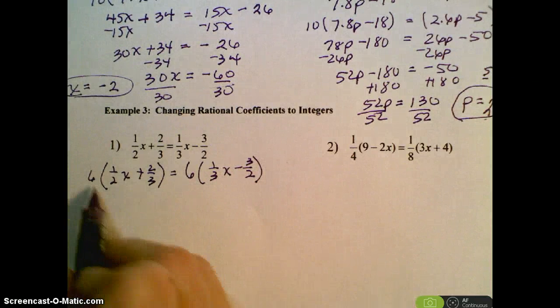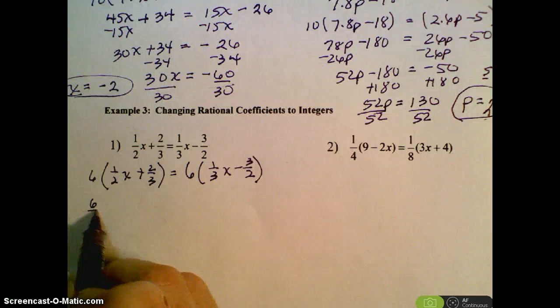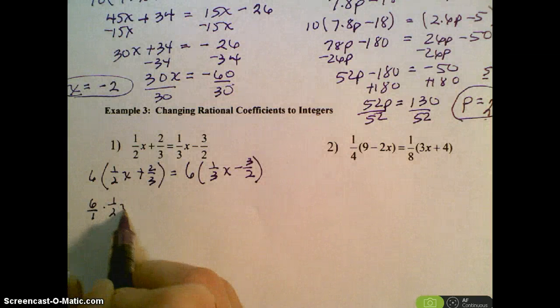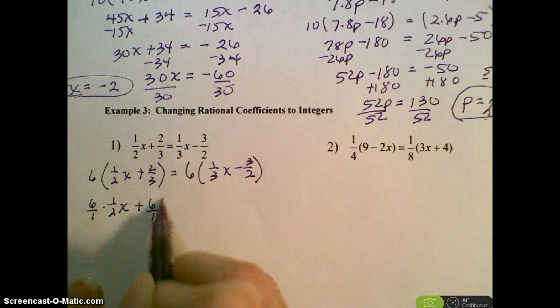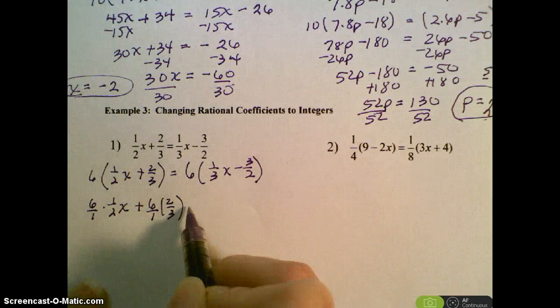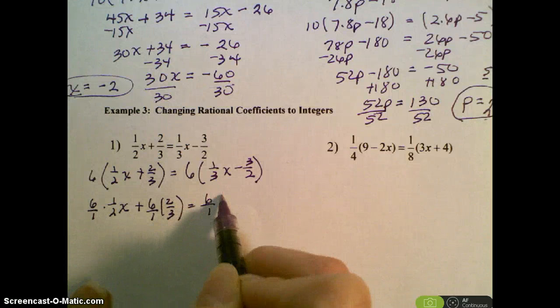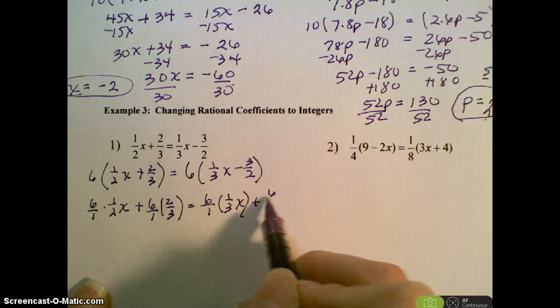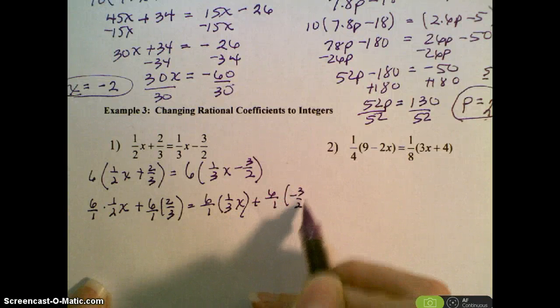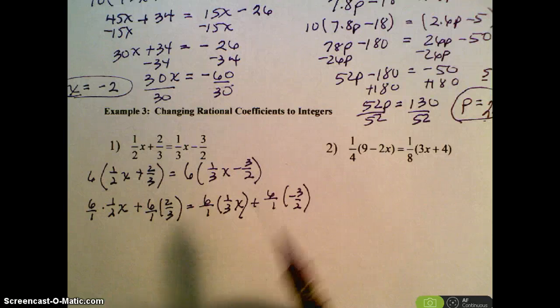So basically we're distributing the 6, and I'm going to go ahead and make that 6 over 1 times 1/2 x. And it's a positive 6 over 1 times 2/3. And that's 6 over 1 times 1/3 x, and a positive 6 over 1 times negative 3/2. Now look what happens when we do that.